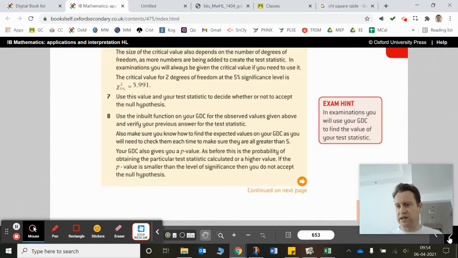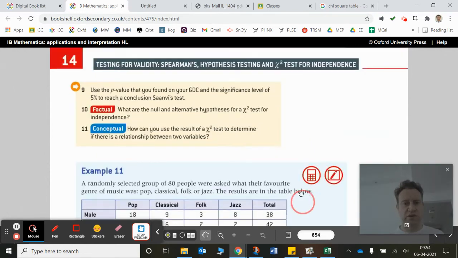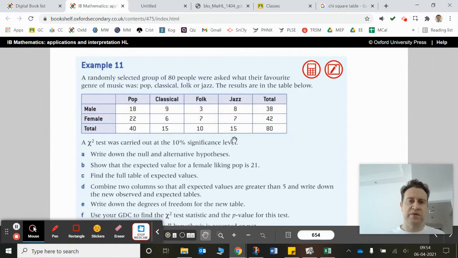This may seem as clear as mud at the moment, so let's just look at the question. Here's the type of question that you could be given. We've got categories of music here, and down the other side of the table, so a two-way table, we have the other variable, which is gender.